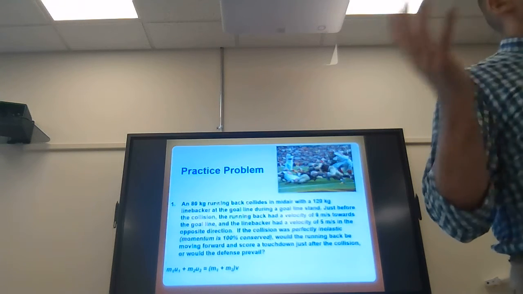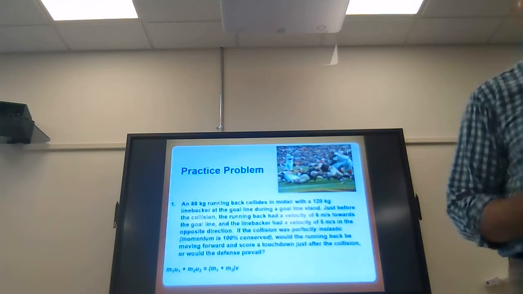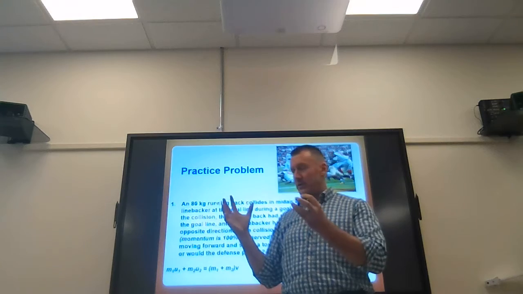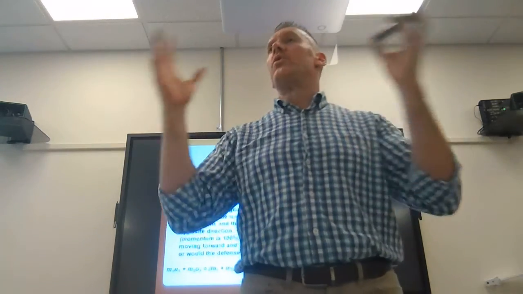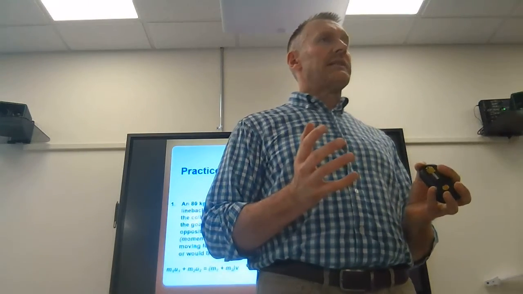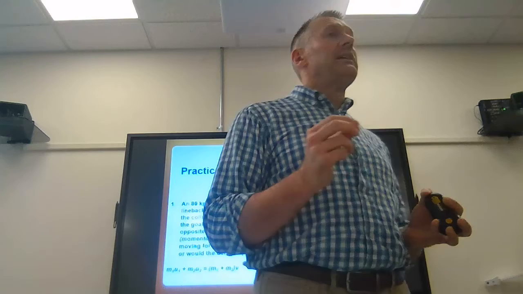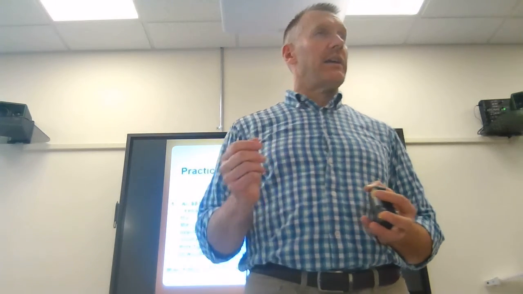So what is the total momentum of that system, considering two players together prior to the collision? What do you have prior to the collision as the total momentum of that system? Yeah, negative 120 kilogram meters per second.